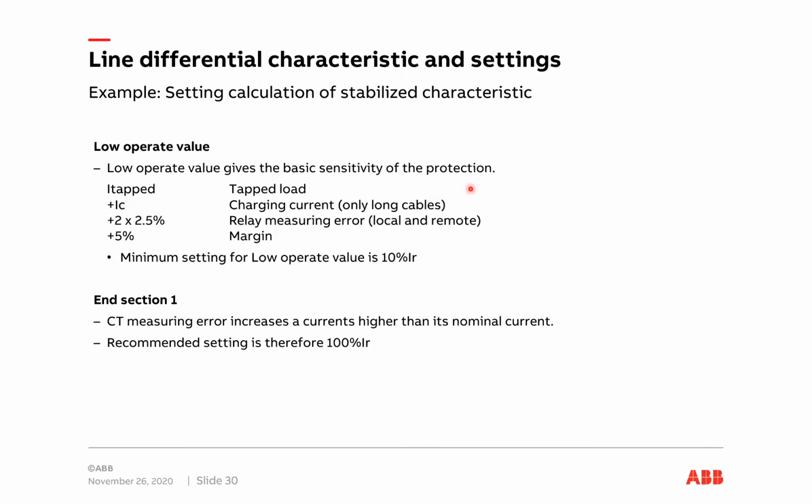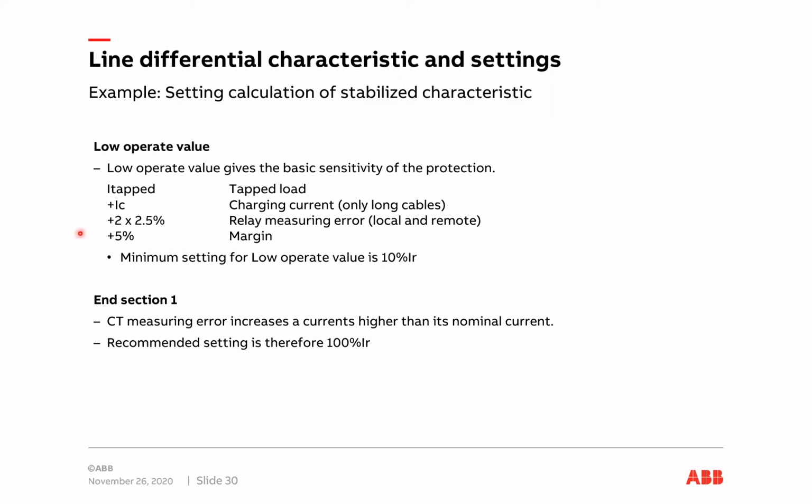So let's then take a calculation example with numbers. In this example, we have only a line that we are protecting, no in-zone transformer, and no tapped load. And as you remember, for the low operate value, we include tapped loads, charging currents for cables, relay errors, and a margin.